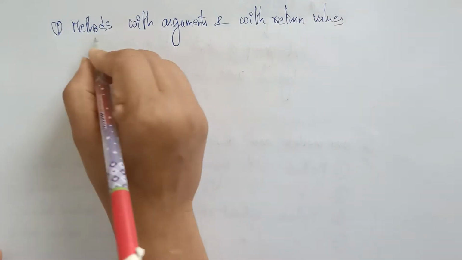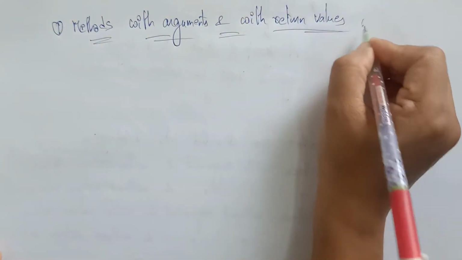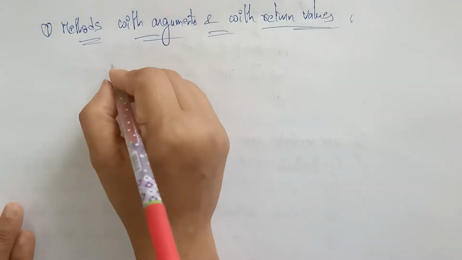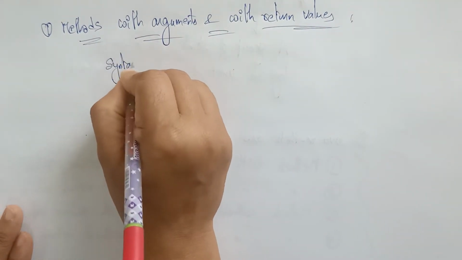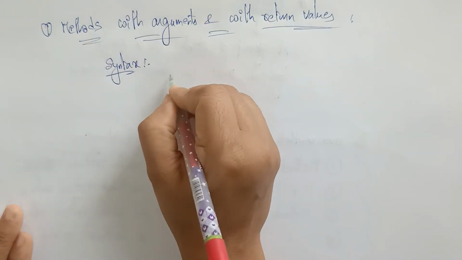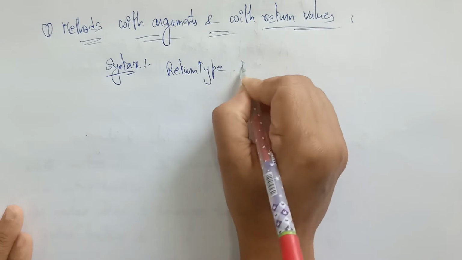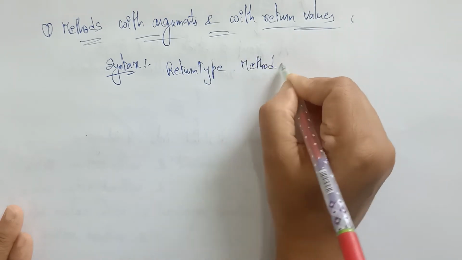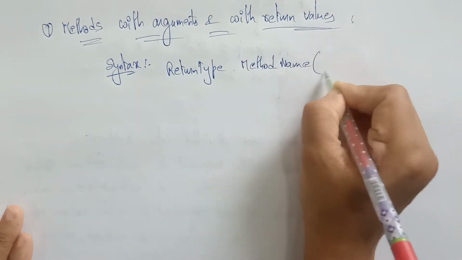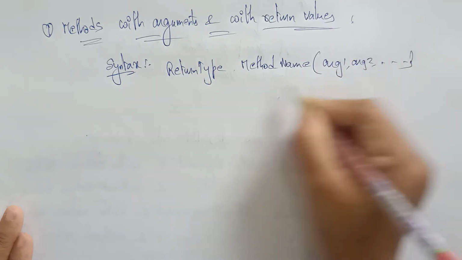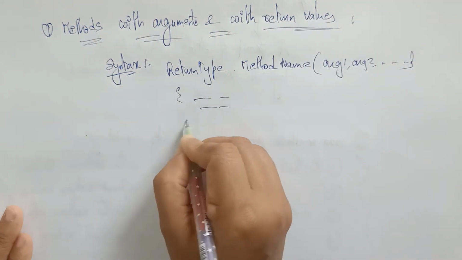First of all, let's see the syntax. Let me write the syntax. Method with argument: return type, method name, and this is the argument list: argument 1, argument 2, and so on, then a group of statements.